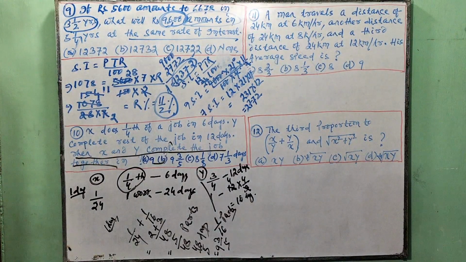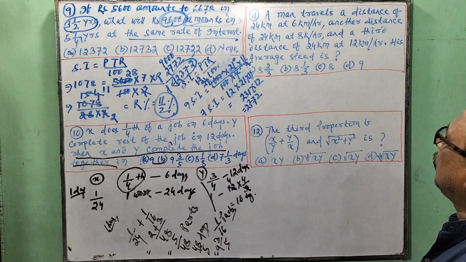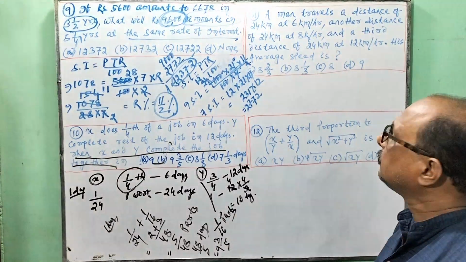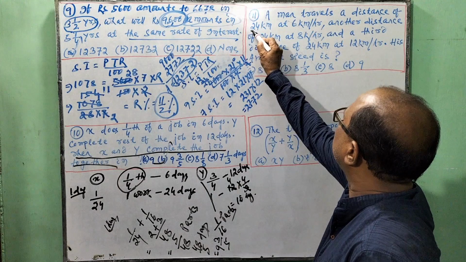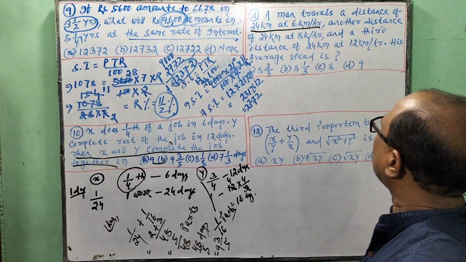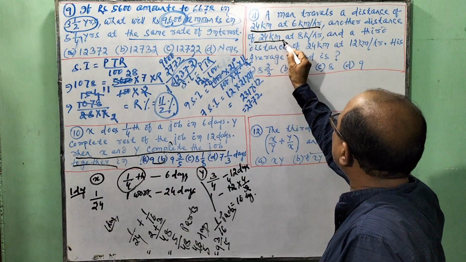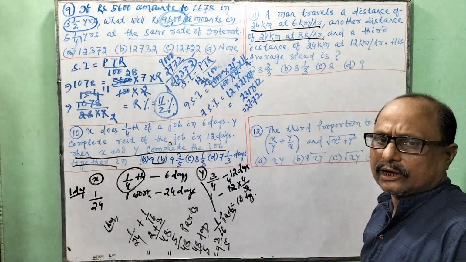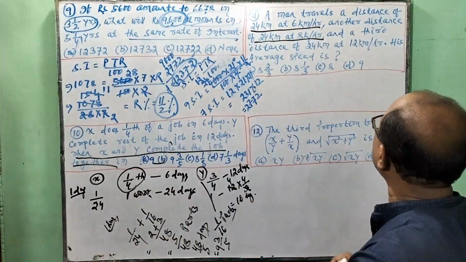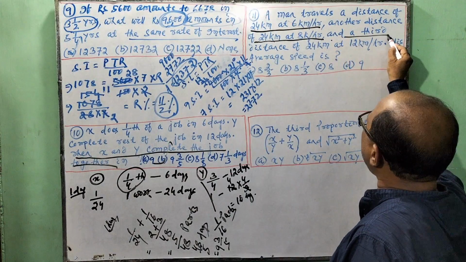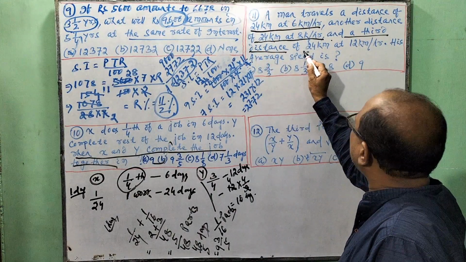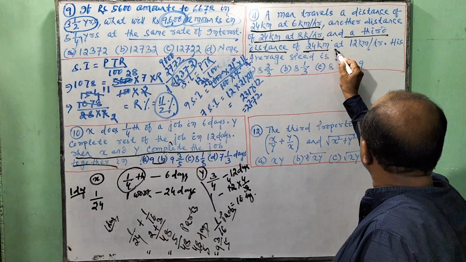A man travels a distance of 24 kilometer at 6 kilometer per hour, then the same distance, 24 kilometer, at 8 kilometer per hour, and a third distance, 24 kilometer, at 12 kilometer per hour.